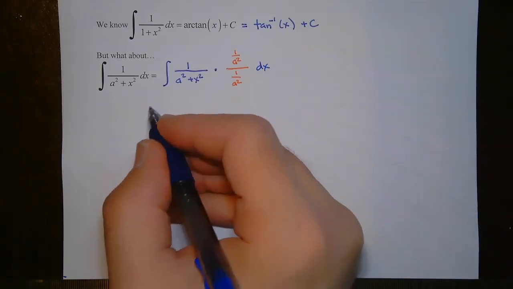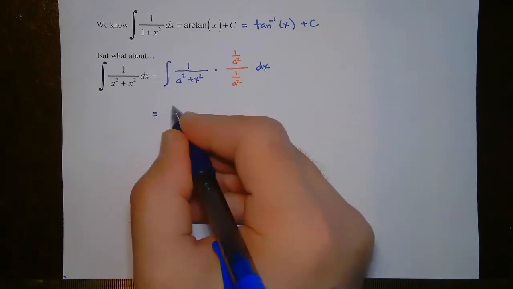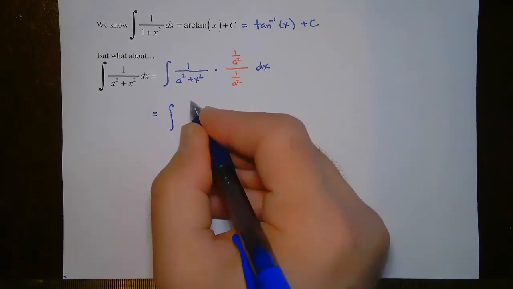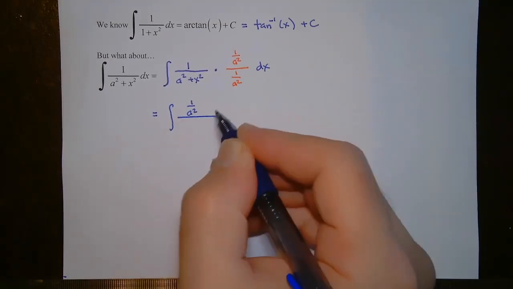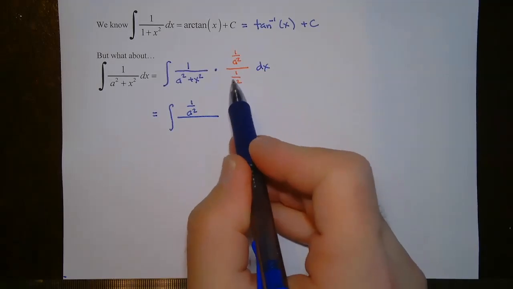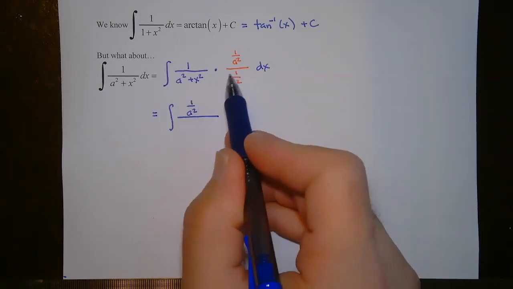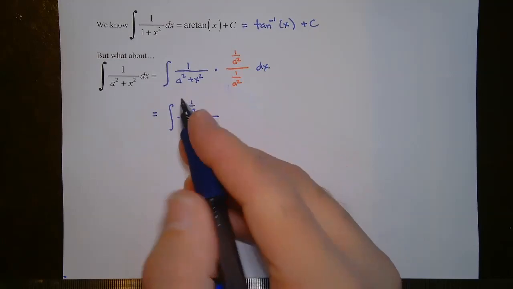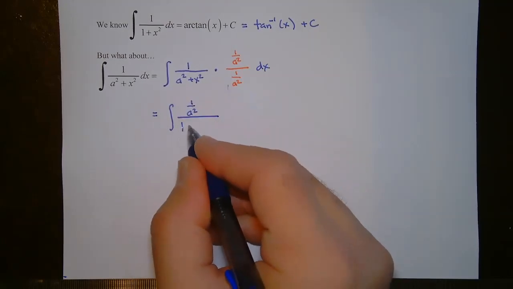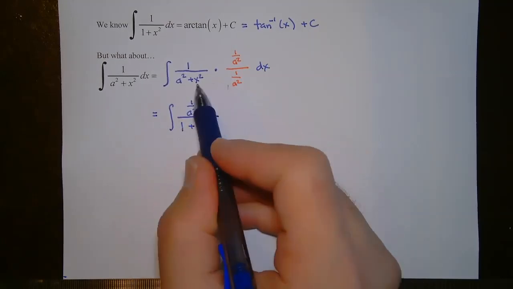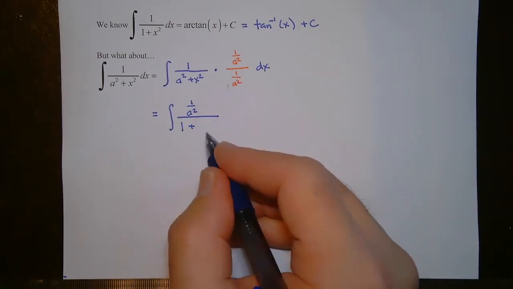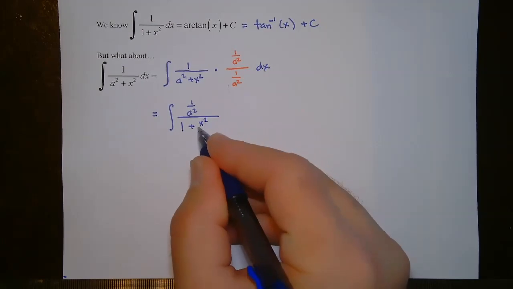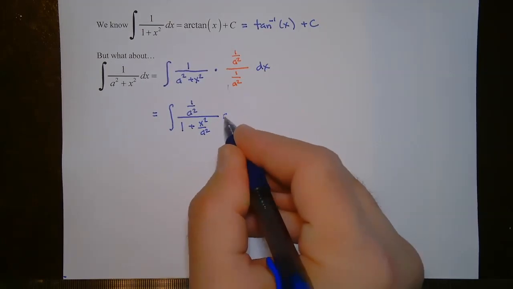Okay, so then this becomes the integral of 1 over a squared over, okay, now when I take 1 over a squared times a squared plus x squared, it's going to be 1 over a squared times a squared. That would give us 1, and then plus, multiplying 1 over a squared times x squared would give me x squared over a squared, and then our dx, right?